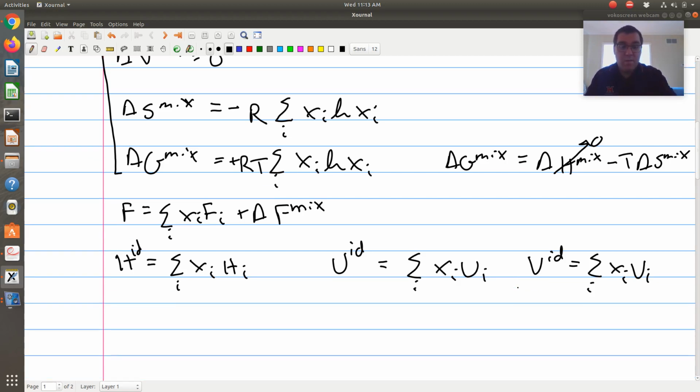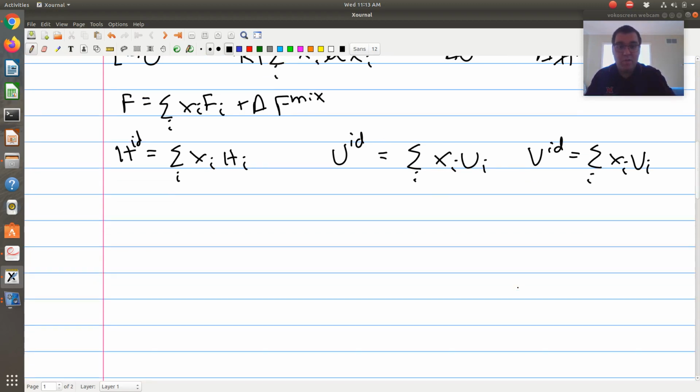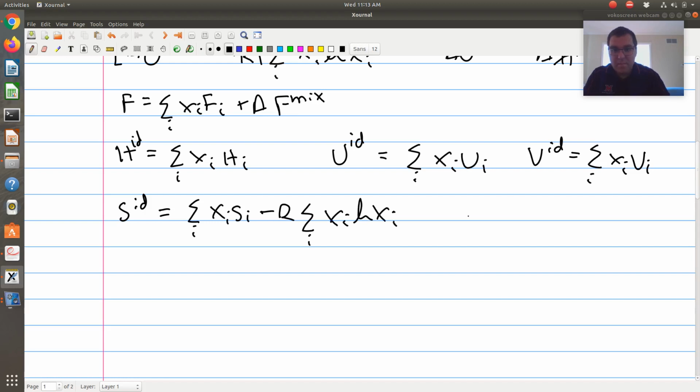So in an ideal solution, all intermolecular interactions are exactly the same. Now let's look at S. The entropy of an ideal solution is equal to the sum over i of x_i s_i plus delta S of mixing. Delta S of mixing is negative R times the sum over i of x_i log x_i.